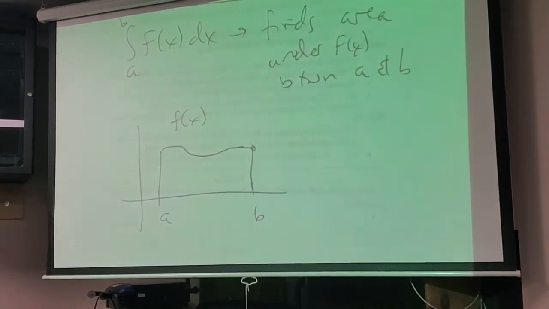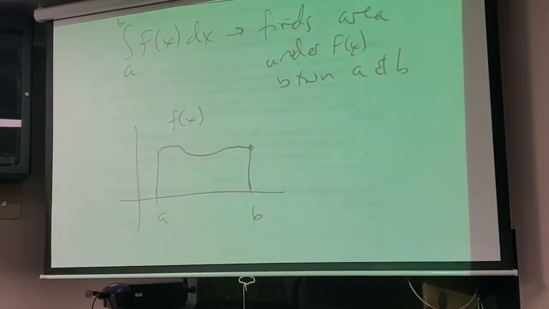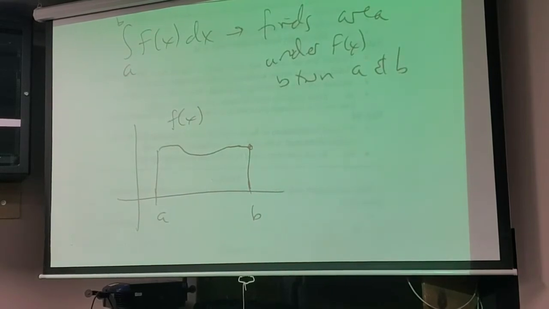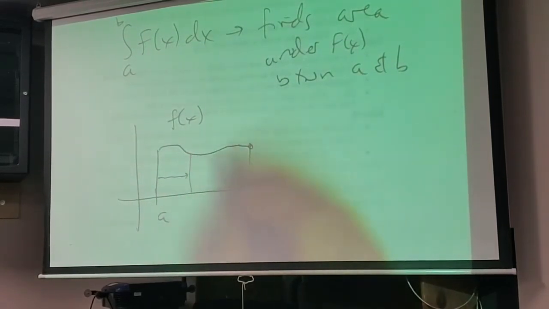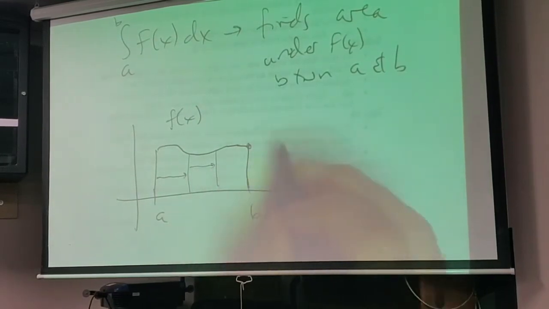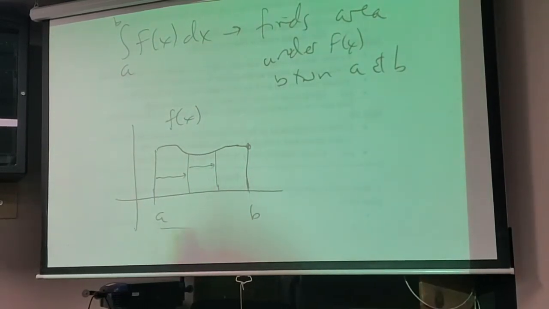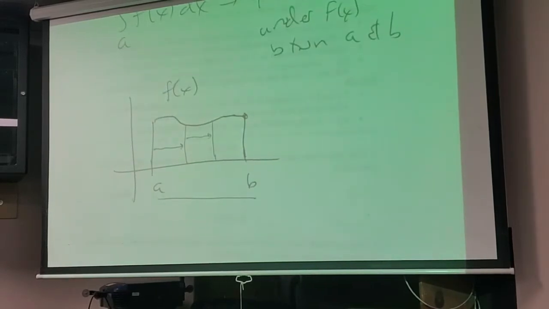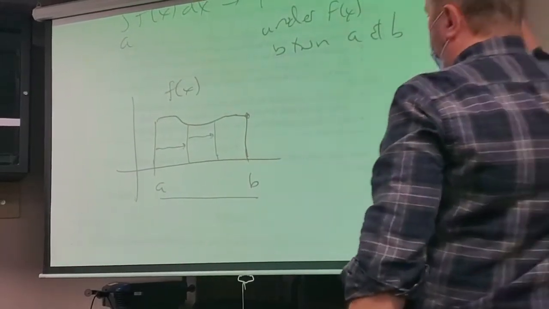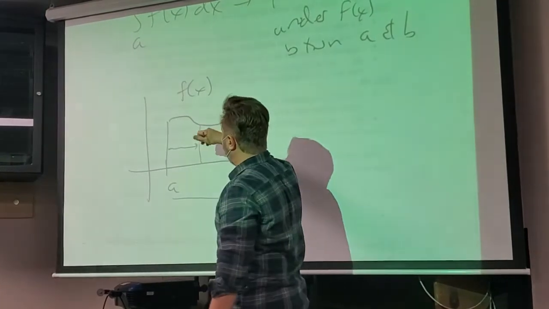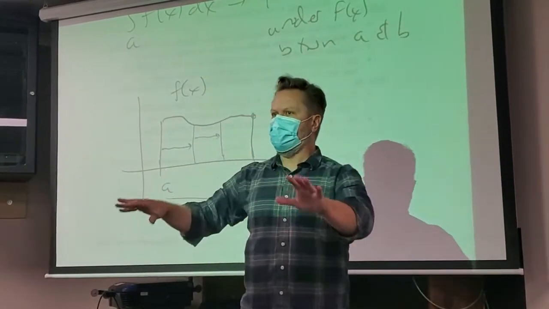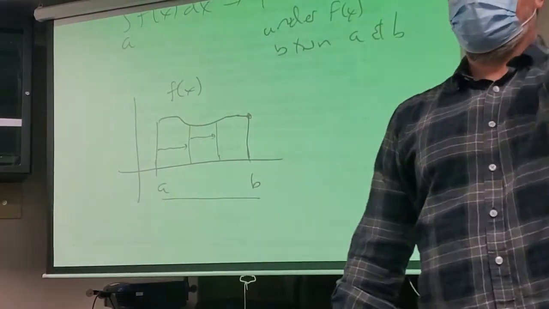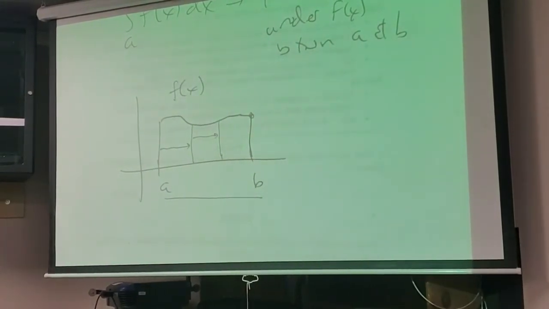I could find the area. That's basically what that is, right? But what I want to do is set up a function so that I could find the area at any place in between these two. So I want to let the endpoint be a variable. I don't want to go from a number to a number. I want to go from a number to a variable.